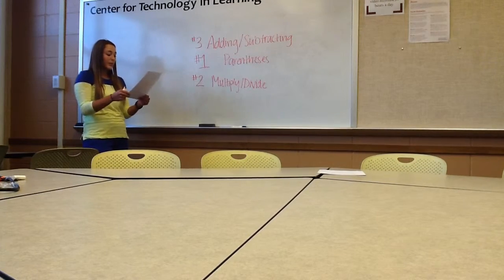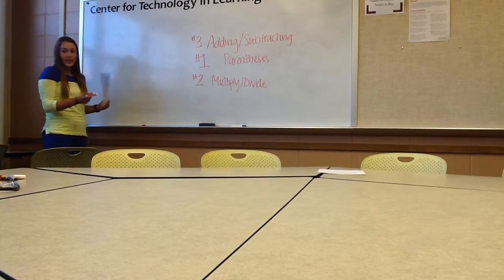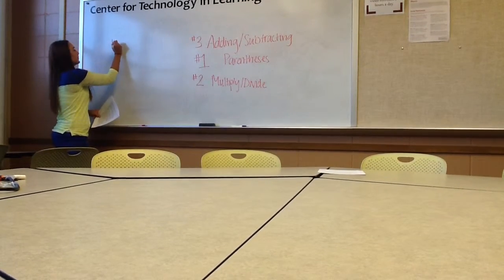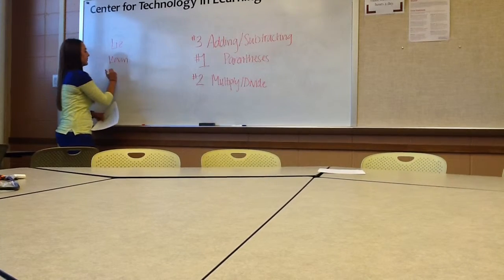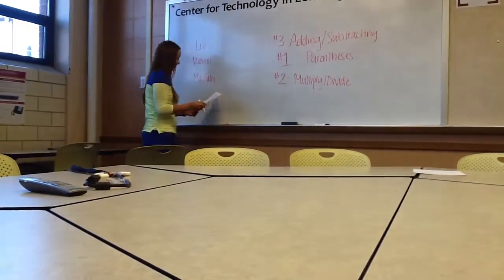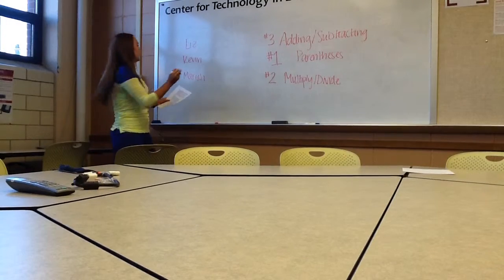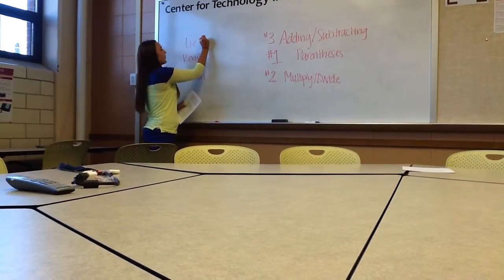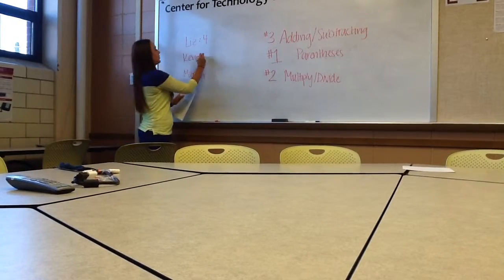So let's start with 3 names. We are going to use the names Liz, Kevin, and Mariah. So we're going to say Elizabeth, or Liz, has 4 apples. And Kevin is going to have 2 apples.